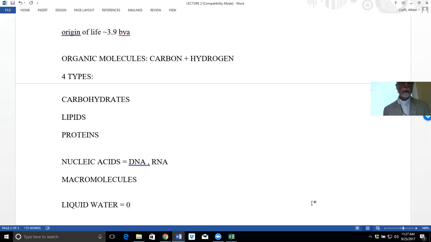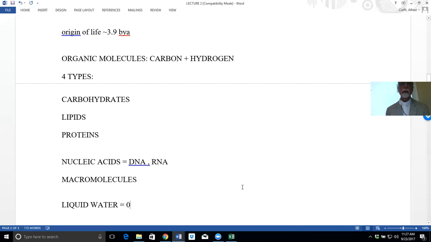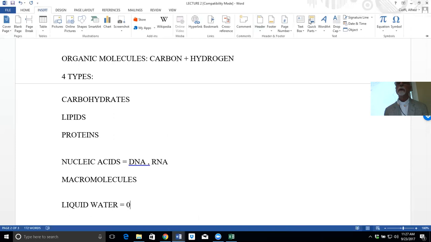Maybe Control Alt? No. Okay, let me see. Then I have to go into subscript. This is the old way I learned it. Insert symbol? Okay, let's try insert symbol. Now I need to find degree.